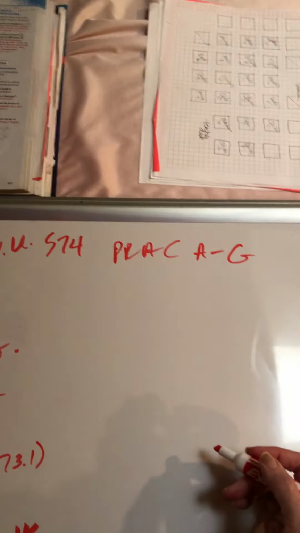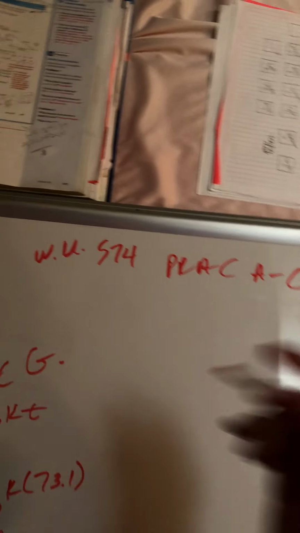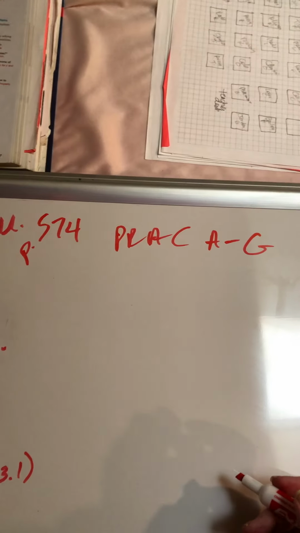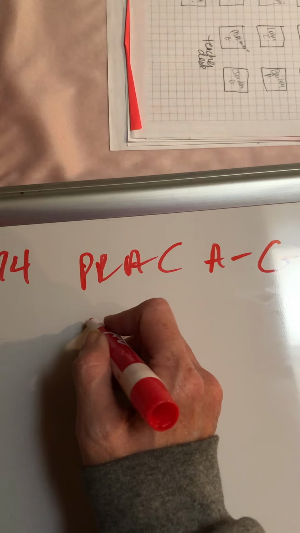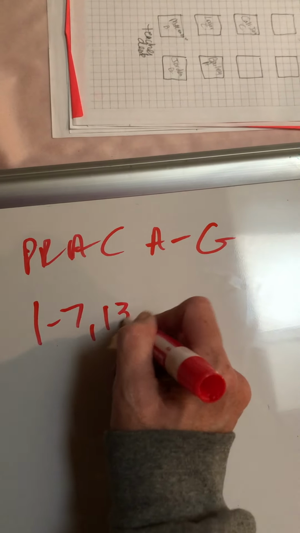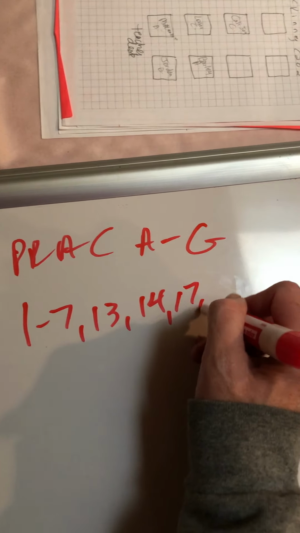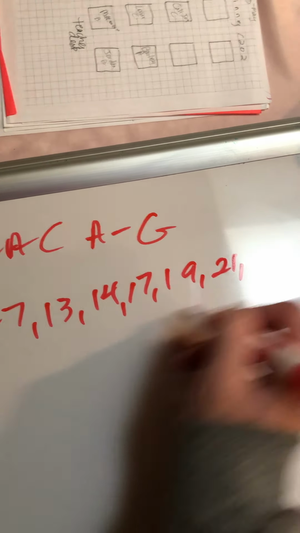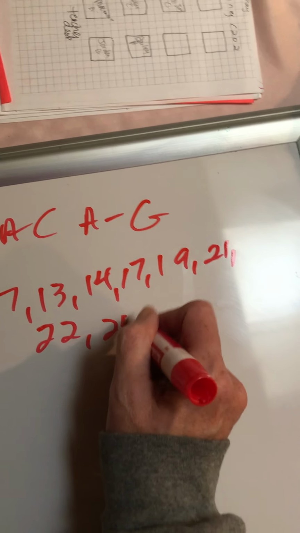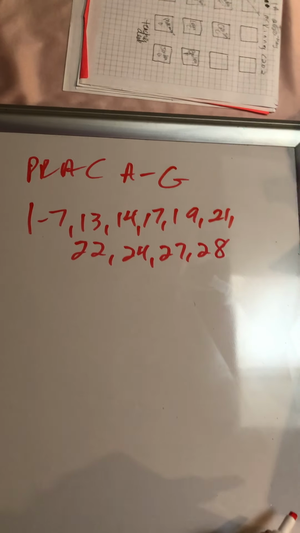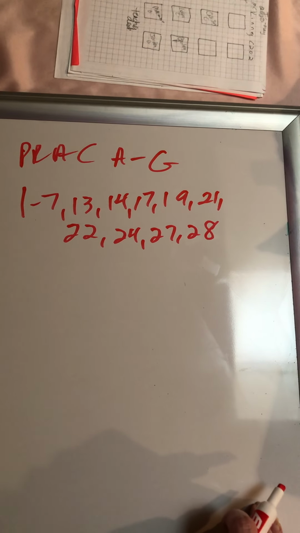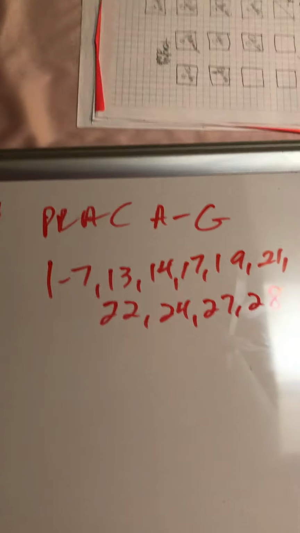Lesson 81, warm up on page 574, and then practice A through G. And then you're going to do 1 through 7, 13, 14, 17, 19, 21, 22, 24, 27, and 28.